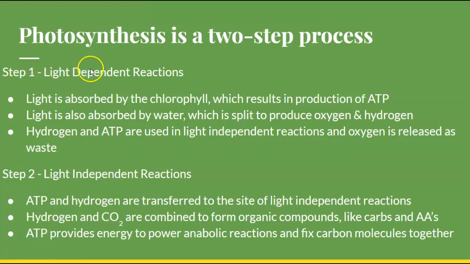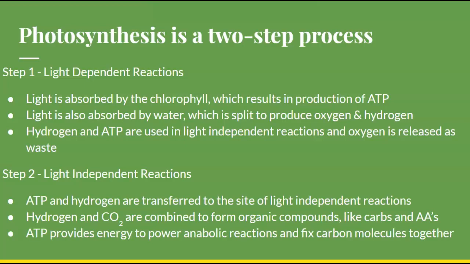So in the first step, light dependent, we have the light being absorbed by the chlorophyll, which results in the production of ATP. That we've already talked about. Light is also absorbed by water, which then splits the water molecule into its main components, which are oxygen and hydrogen.